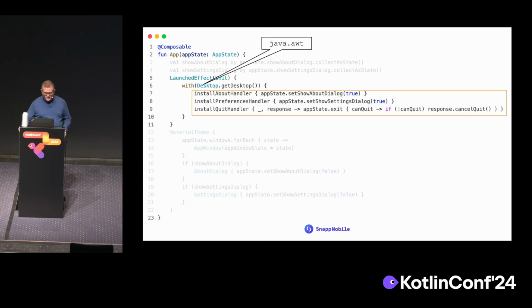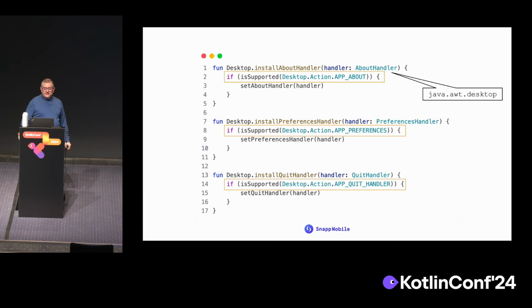So the first one installs the about handler, the second one installs the preferences handler, and the third one installs a quit handler. Now, we will be dealing with this in greater detail, so just keep in mind that we register corresponding handlers by passing in lambdas. And this is how this installation takes place.